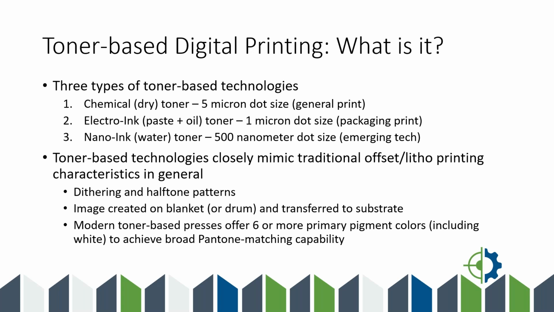In essence, you're talking about 600 DPI maximum with 5 micron. Today, the vast majority of current packaging related digital toner printers or presses use what are generally called electro inks. They are a mixture of a paste and an oil, no longer a dry toner.